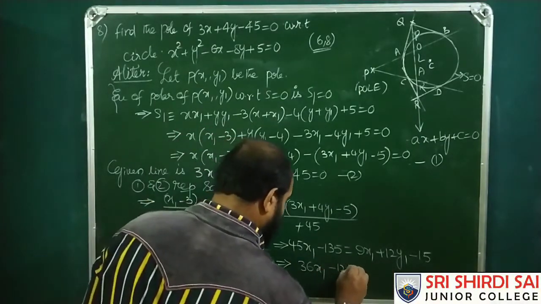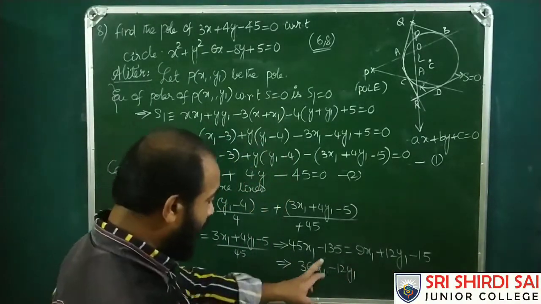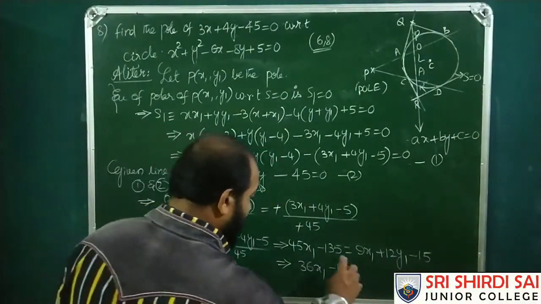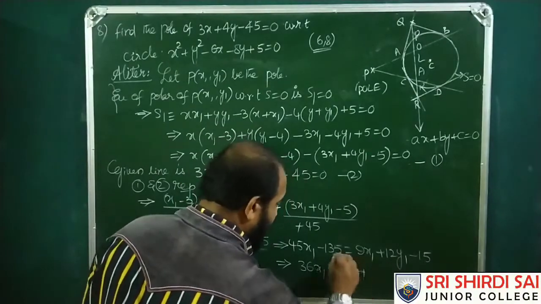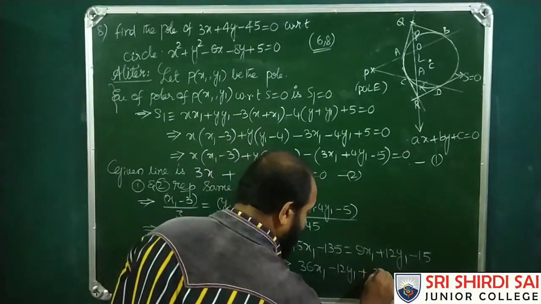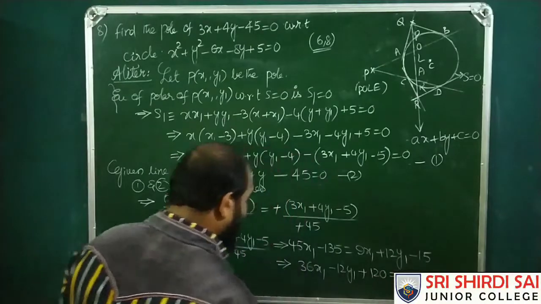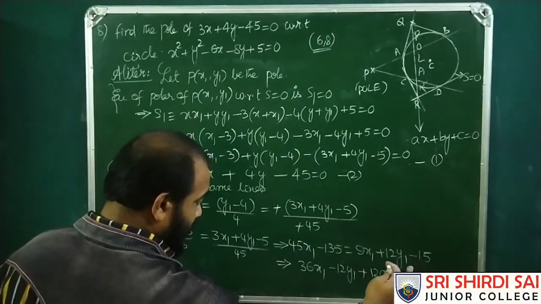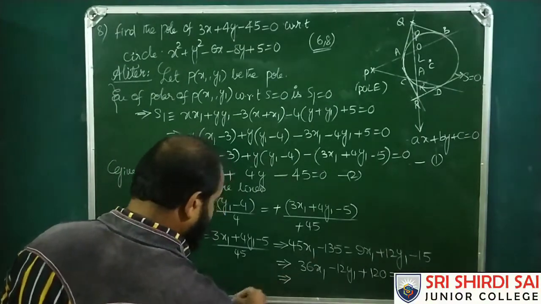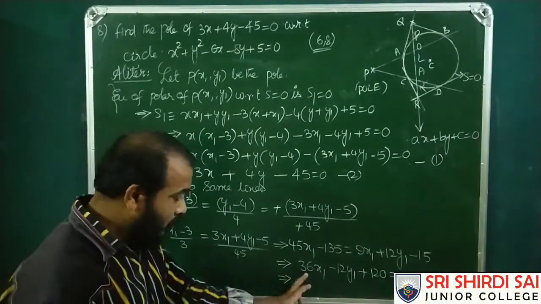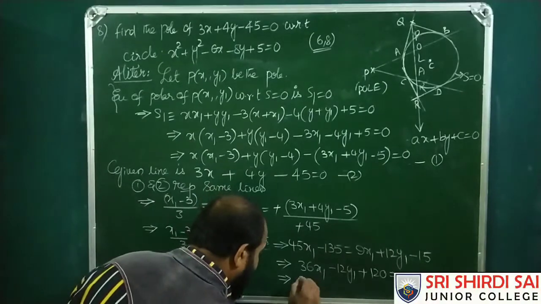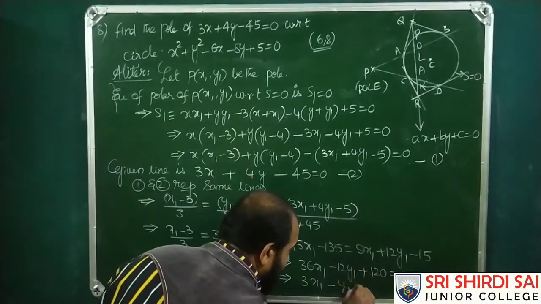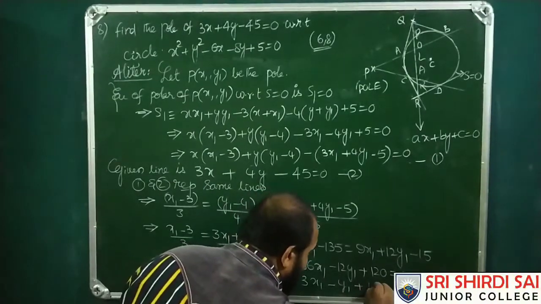If you bring here, minus 12y1 minus 135 plus 15. So 5 minus 5 is 0, 3 minus 1, so 120 equals to 0. If you cancel by 12, 12 3s are 36, 12 1s are 12, so y1, so plus 10 equals to 0.